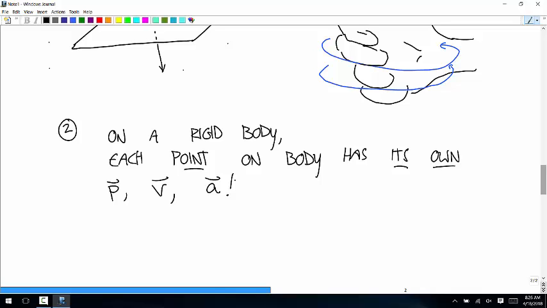But that's not true of the angular quantities, and that's a nice thing in working with these angular quantities. Those angular quantities do represent the entire body. So the entire body has the same angular position, angular velocity, and angular acceleration. Those represent the whole thing.